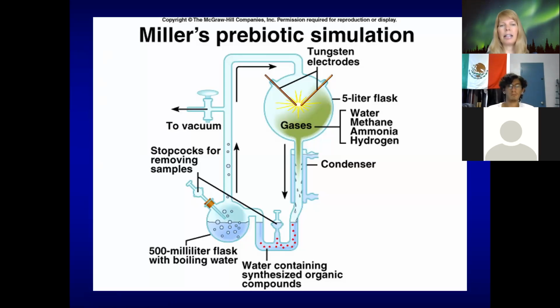They would mix the right kinds of gases and then apply heat, and they would look to see what would show up when they drew off the water and looked at what kinds of chemicals might be in that water after the experiment was finished. They were actually able to find very simple amino acids had formed under these conditions. So starting with just inorganic chemicals, you ended up with organic molecules.